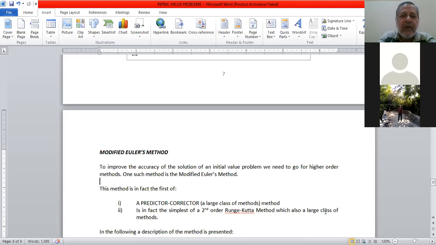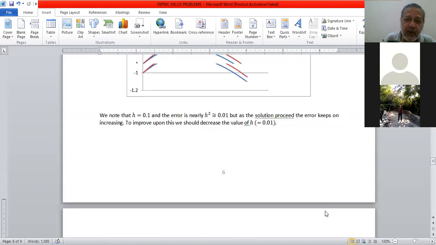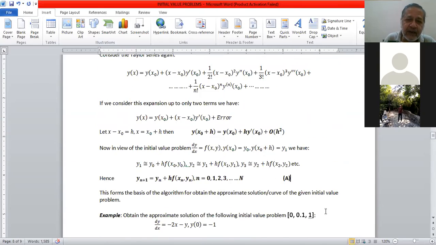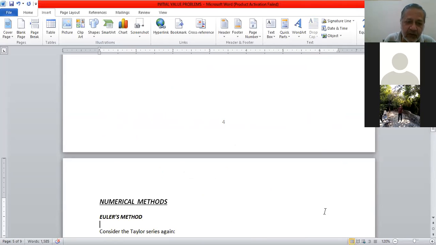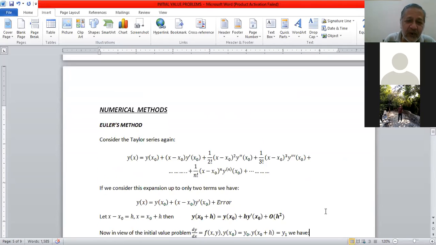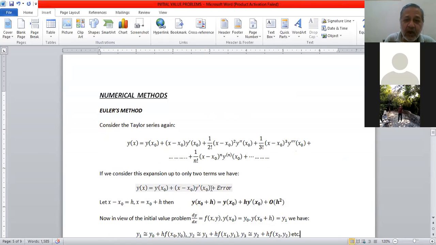The other method that can be used for developing a more accurate solution is to go for a method that is of higher order. What was the order of my Euler's method that we just have gone through? That was the first order linear approximation method, because we terminated the Taylor series to first degree term only, and the error was of the order of h square.